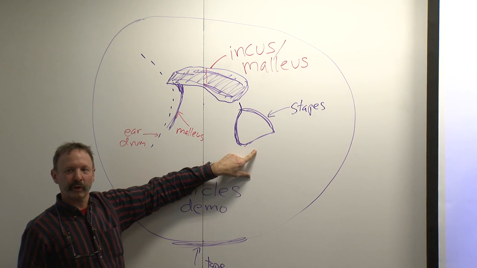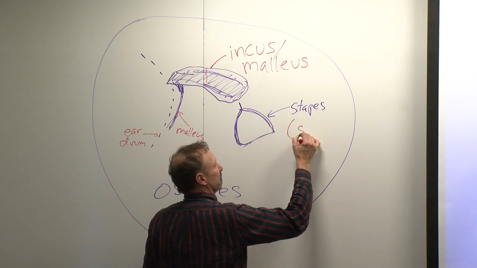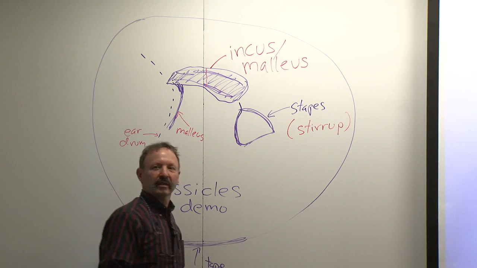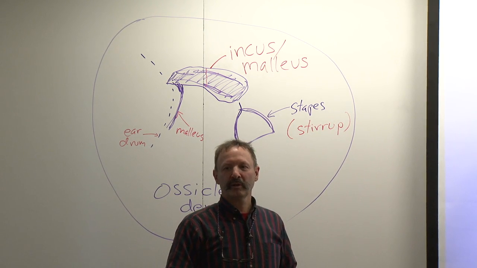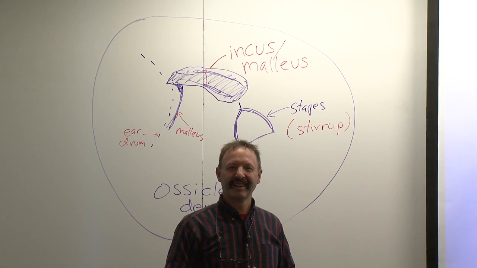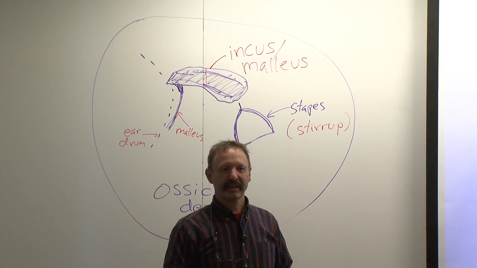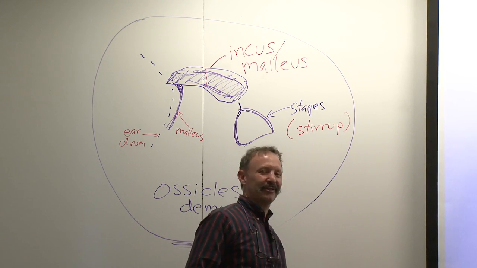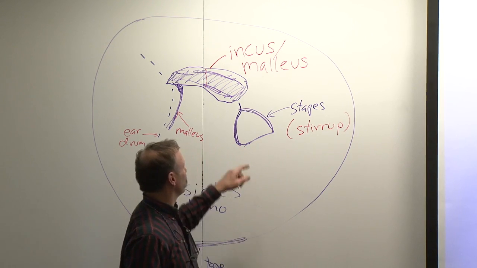And you can probably appreciate from my diagram how the high school biology name for the stapes got its name. It's the stirrup, right? What's the stirrup? Does anybody know what a stirrup is? Yeah, when you ride horses, you put your foot in it, right? And that's why cowboy boots have a nice big heel, so your foot doesn't go all the way through it. And so this is the stirrup.